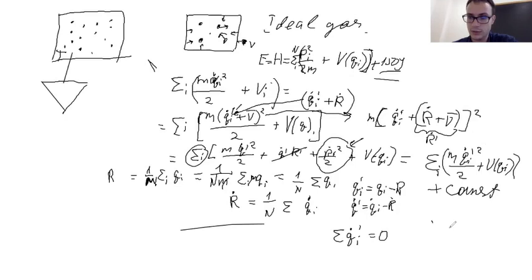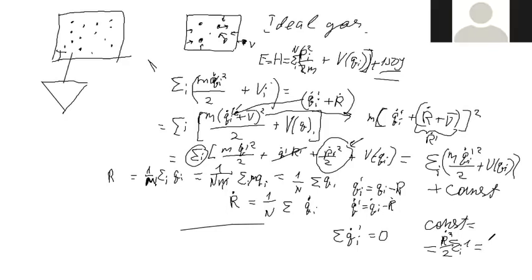And this constant is just r dot squared over 2 times 1, and sum over i.